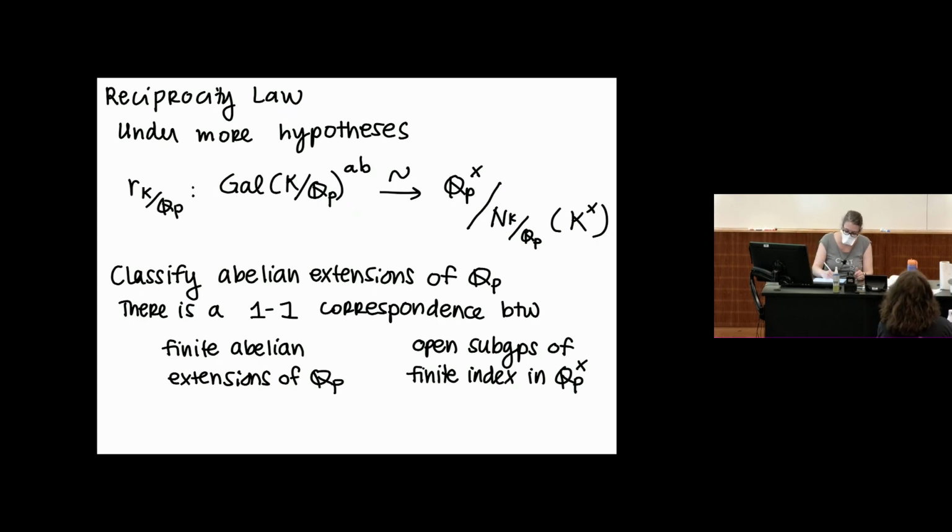The correspondence is given by sending K to its norm group. And it's not obvious how to go from the reciprocity law to classifying the abelian extensions.